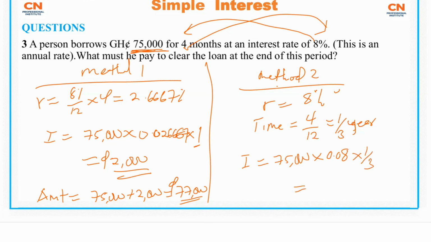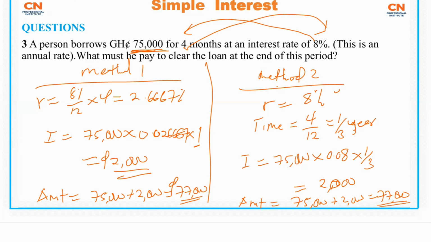So 75,000 times 0.08 times 1 over 3. And that should give us the same 2,000. Okay, so that's the interest. Then the amount at the end of the period will be the principal 75,000 plus 2,000, which gives 77,000.